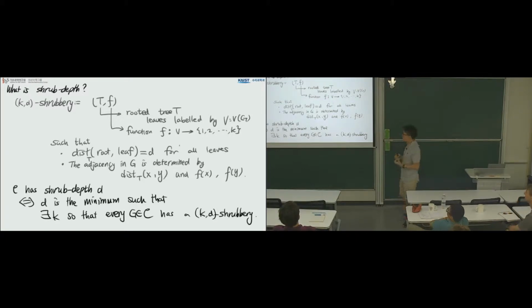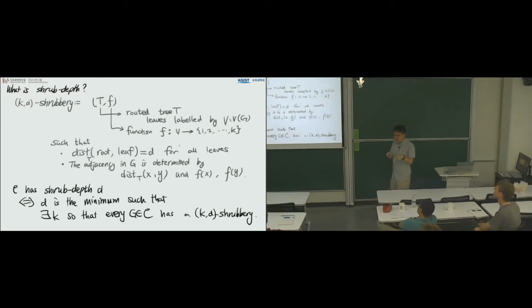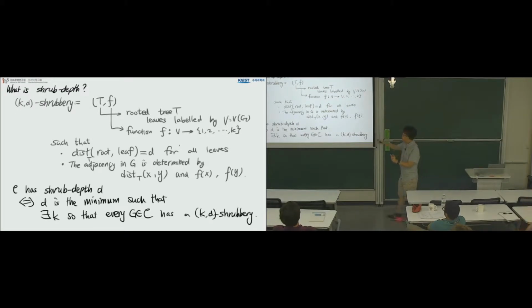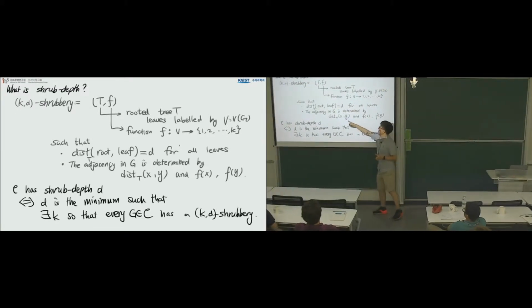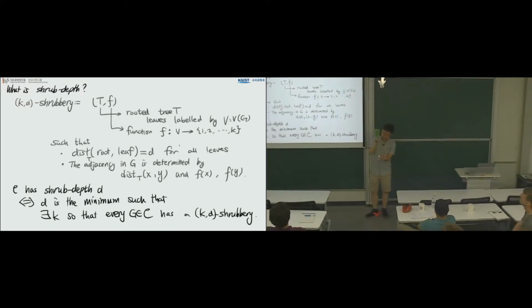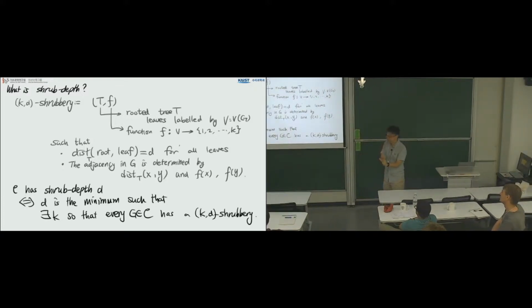Now you want to determine the edges of the original graph in terms of the distance in this tree T and the colors of these vertices. So as long as you look at the colors of the leaves and the distance in the tree, you should be able to determine whether or not there is an edge from X to Y in G. So that's what's called the KD shrubbery.